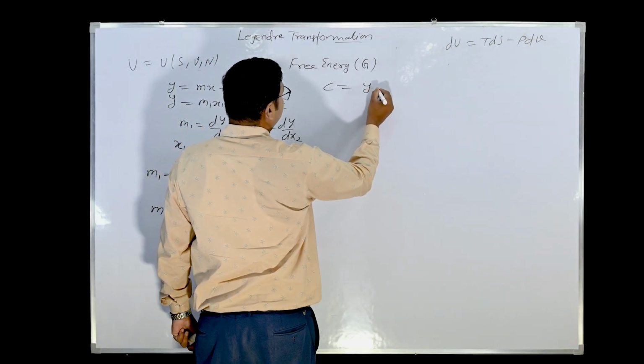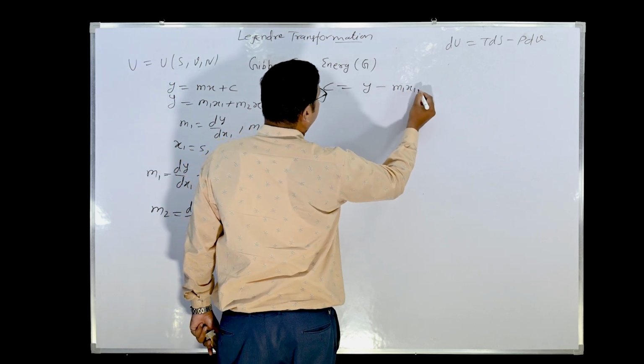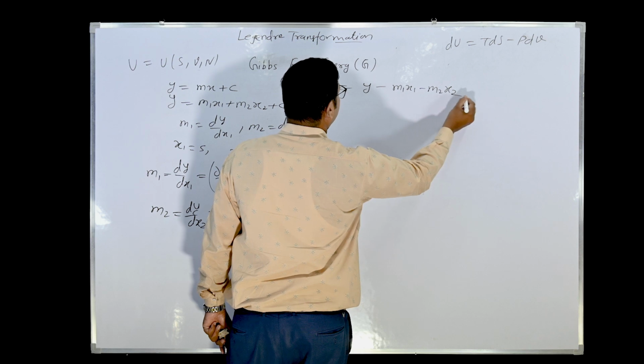C is equal to y minus m1 x1 minus m2 x2.